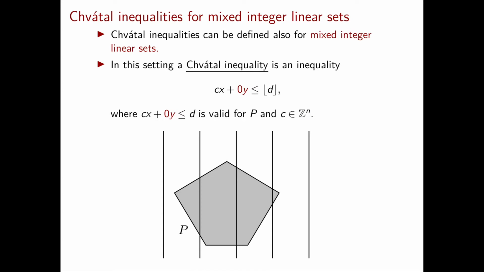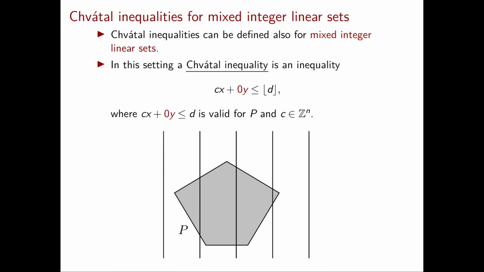And this immediately makes us understand why Chvátal inequalities are defined in this form for the mixed integer case. Because if you remember, also in the integer setting, we picked any valid inequality for the polyhedron and then we shifted it towards the polyhedron and we stopped whenever we touched any integer point in the space.